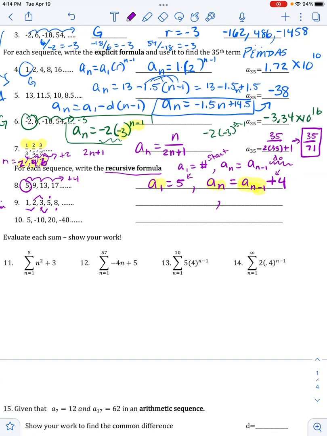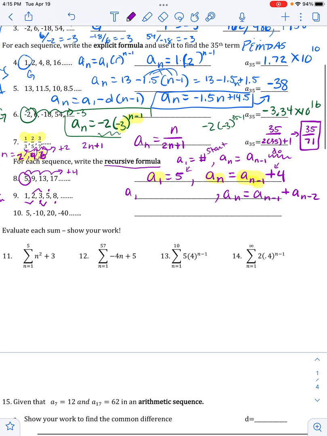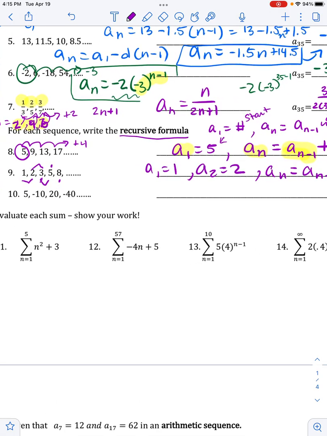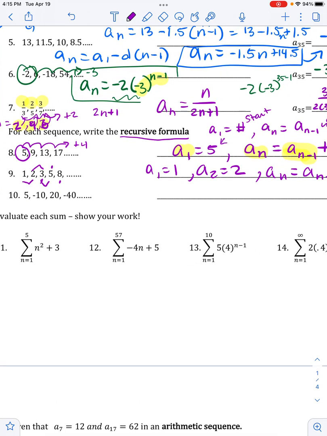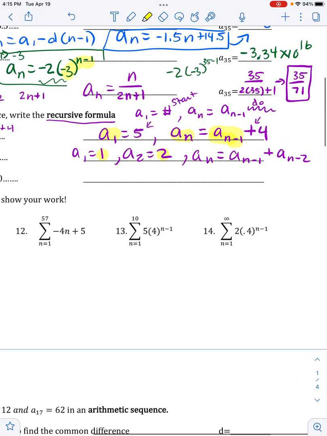So here, the rule is going to be, hey, you need to take the number right before it and then add it to the number 2 before it. So you're adding up the two previous terms. But if that's the case, you can't just tell them the first number. You're going to need to tell them the second number as well, so that in order to get the third space filled, they can add up the two previous terms, because you told them, hey, the first number is a 1, second number is a 2, and then the next number will be the sum of those.